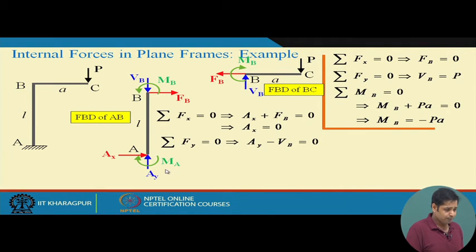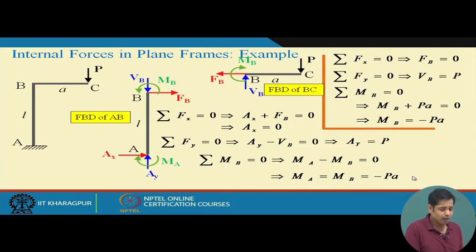Fy equal to 0: the y-direction forces are AY positive and VB negative, downward, so AY equal to P, and VB equal to P as already obtained. Taking moment about B, the forces passing through B do not contribute, and AX is zero anyway. The contribution is from MB and MA, giving MA minus MB equal to 0, so MA equals MB equals minus Pa, which we already obtained.